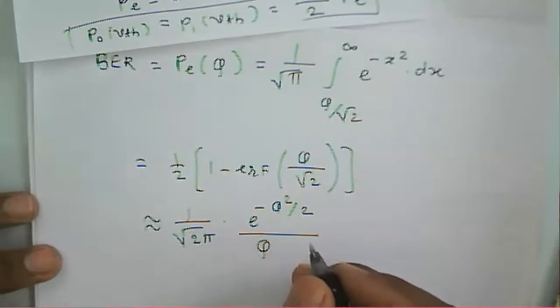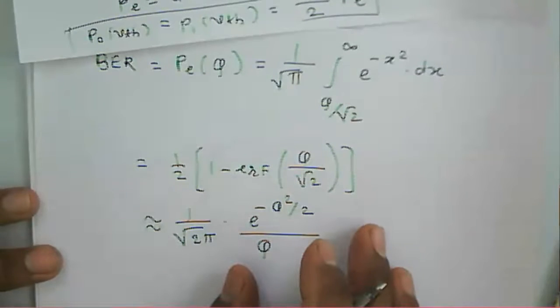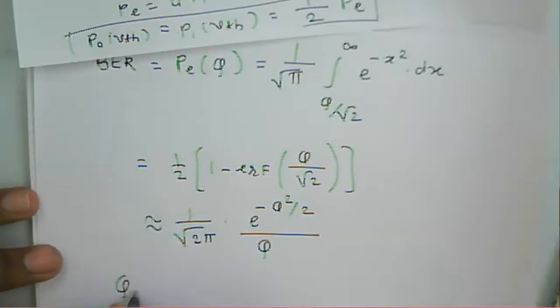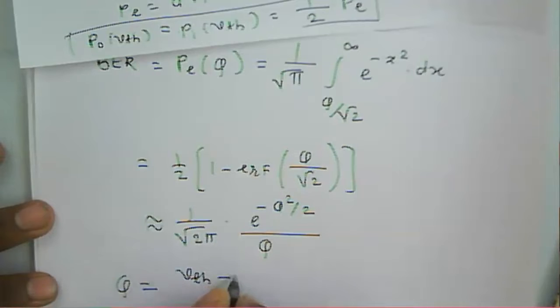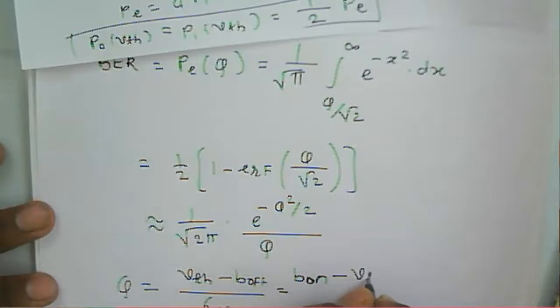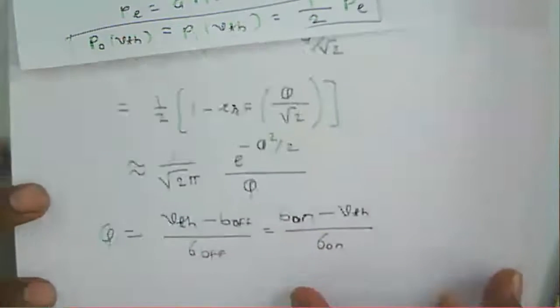So Q tells us about the on and off period, or Q can be defined in terms of VTH minus V off when we have the variance sigma off, or V on minus VTH when we have on data.